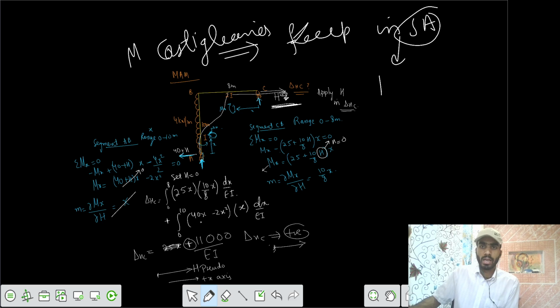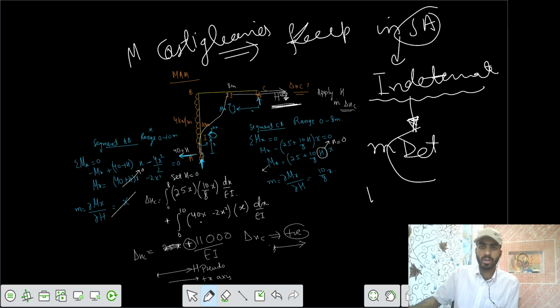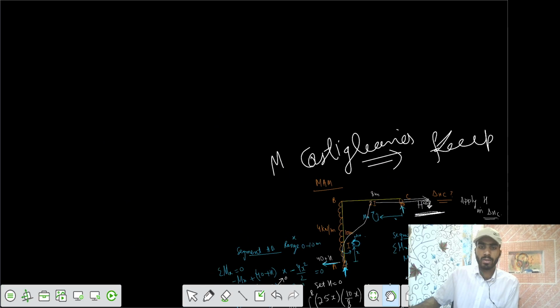There we solve indeterminate structures using Castigliano's theorem. Our focus here is, the majority of the time, on determinate structures in the strength of materials. So this was the end of Castigliano's theorem.